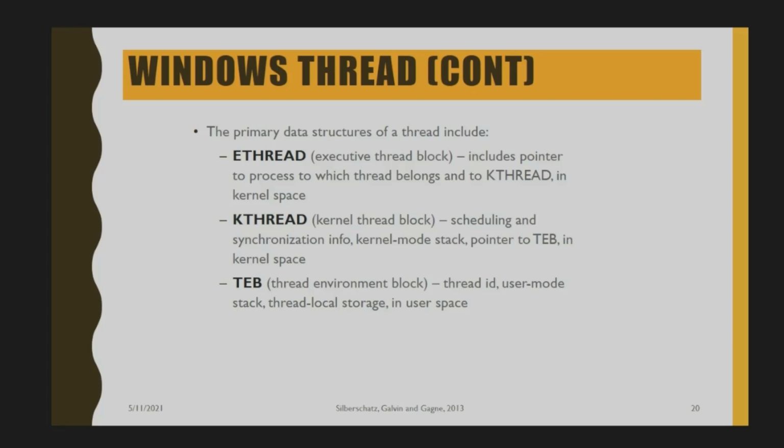And in the thread environment block, we have the thread ID, the user mode stack, and the thread local storage in user space. The first ones are in kernel space, and this one is in user space.